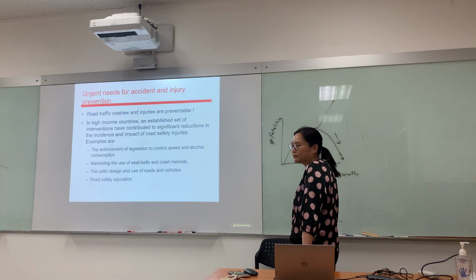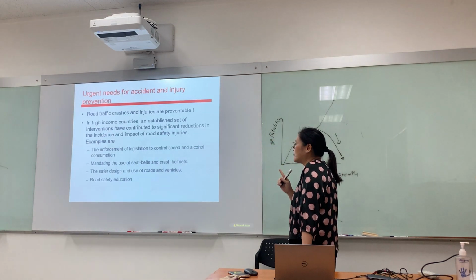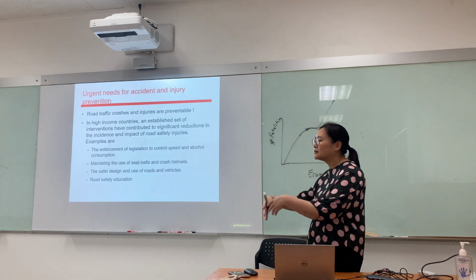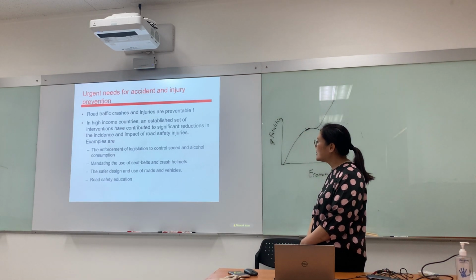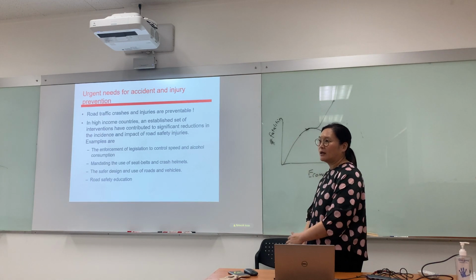What should we do? The first thing we should understand is that road traffic crashes and injuries are preventable. You should not say, oh, it just happened, so just let it happen. No, you should not say that. Everything is preventable. Why? Because look at high income countries, look at Japan, look at China. They can prevent it.